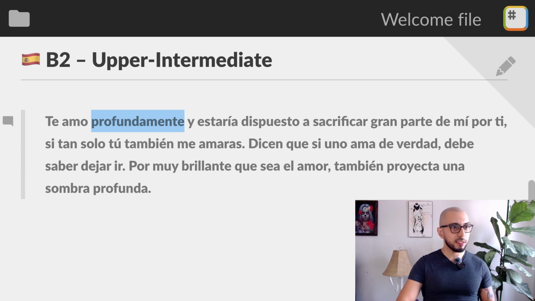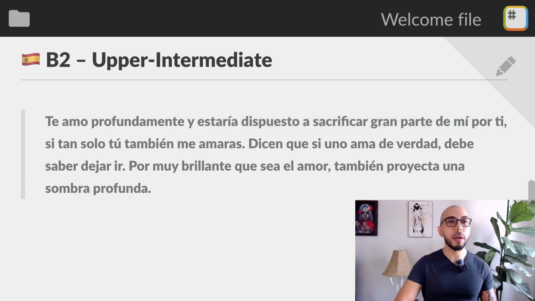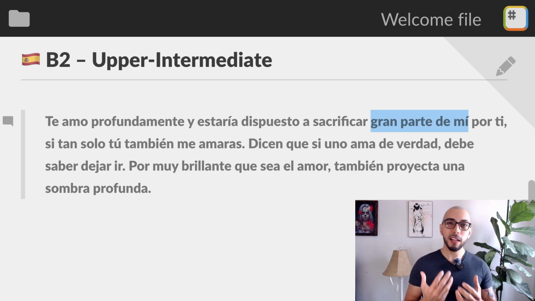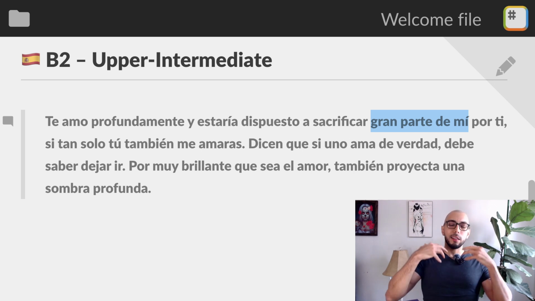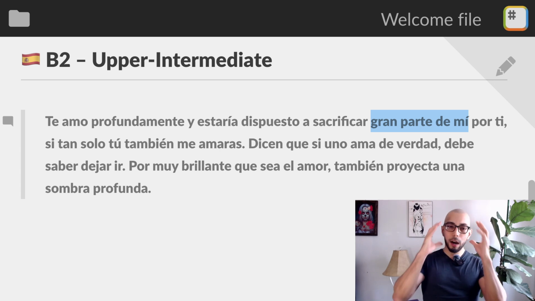And the rest of the sentence is almost identical to the B1 level, except here it's not I would do so many things for you. It's not I would sacrifice many things for you. I would sacrifice a big part of me for you. And that's love right there. Love is the self-sacrifice for the well-being of another.